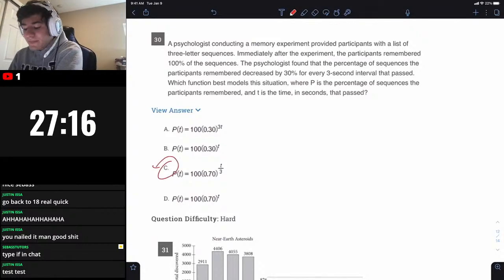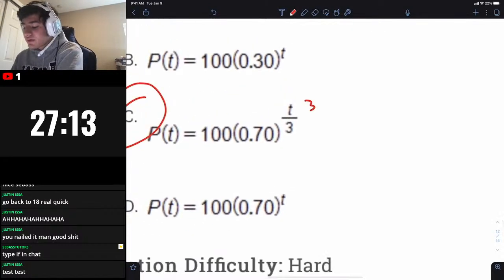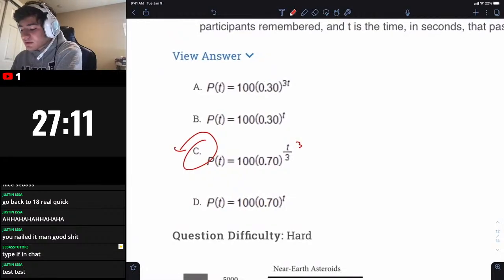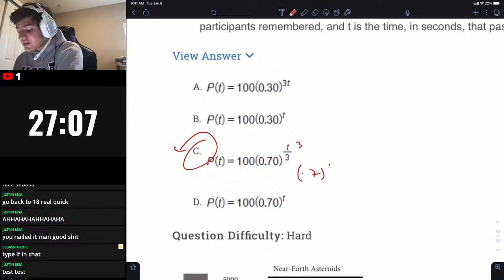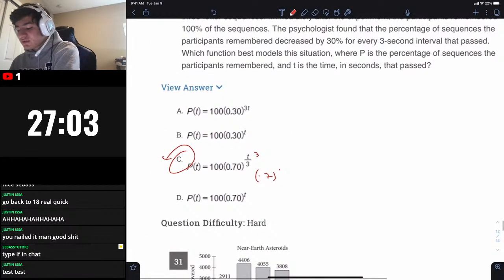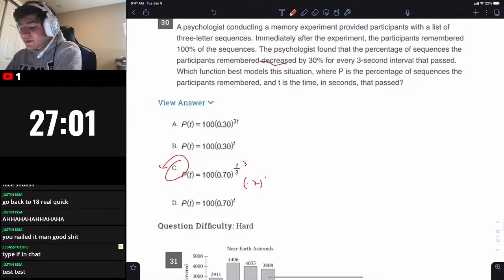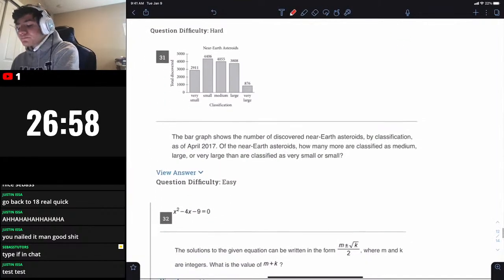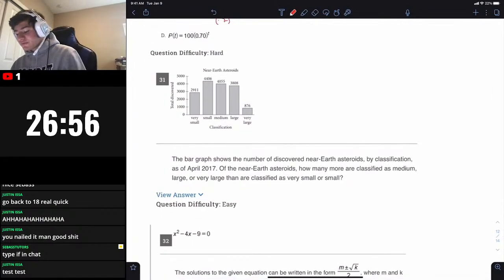Yep, it's going to be C, right? Because if you plug in a 3-second interval, then you get 0.7 to the first power, which means you're going to have 70% remaining, or decrease by 30%. So, C.